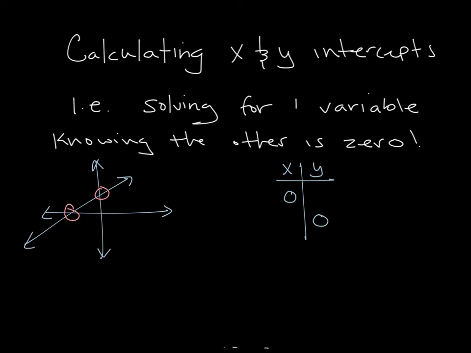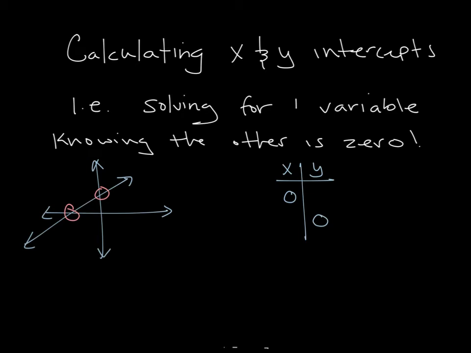Now, the next thing we need to note is which one is which. Is the first one right here the x-intercept or the y-intercept? Or is the second one the x or the y? Well, there's a very easy way to tell. In the first line, you can note that I am going to be solving for the y variable. Because I am solving for the y variable, that will be the y-intercept.